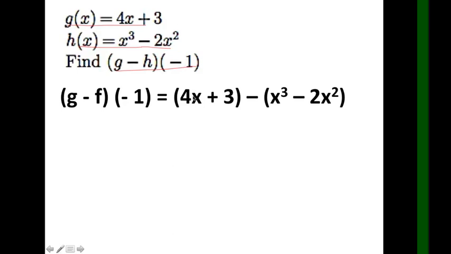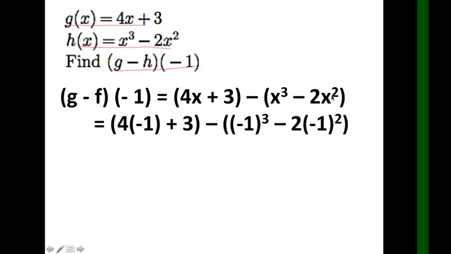So we have 4 times negative 1 plus 3 minus quantity negative 1 cubed minus 2 negative 1 squared. Okay, so now how can you multiply? 4 times negative 1 is negative 4. Plus 3 is positive 7. Okay, so the answer here is positive 7.